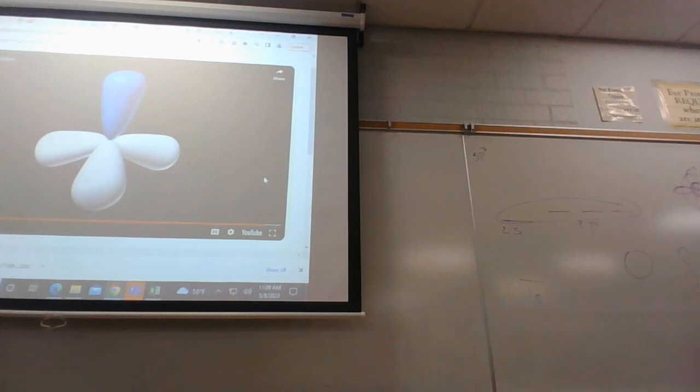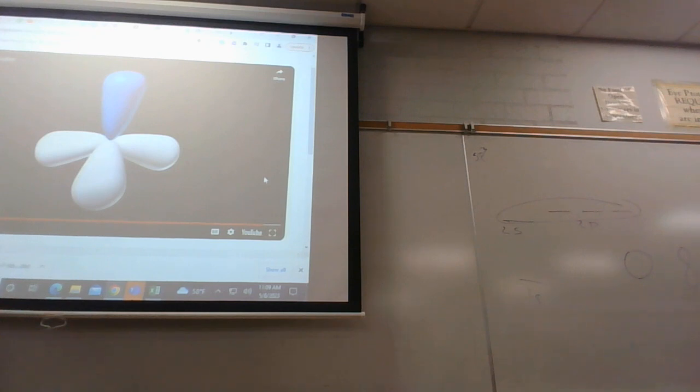But in addition to these atomic orbitals, you should know the SP. What does the SP atomic orbital look like? Well, we have two of them, and it's going to look like this. And then we're going to have unhybridized p orbitals here. This is one, and this is another one. Two unhybridized p orbitals.